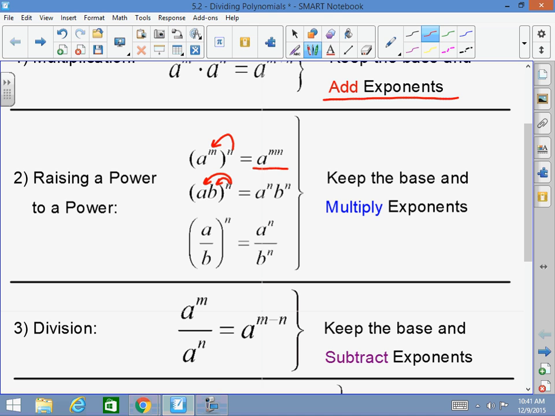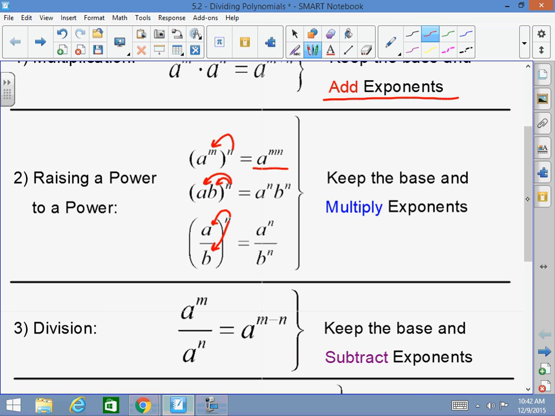If I have a divided by b raised to the n power, I distribute that outside exponent to the exponents inside of the parentheses. So when I raise a power to a power, whether it's a single term or the product of several variables and or numbers, any monomial, I keep the base or bases and multiply the exponent. I'm going to distribute that outside exponent to everything inside of the parentheses.